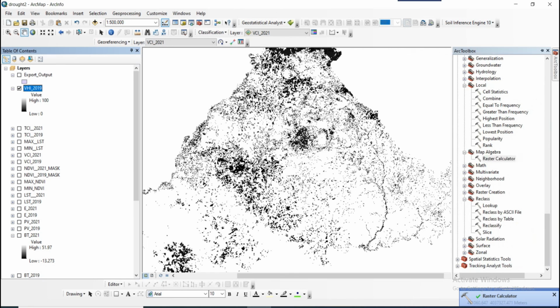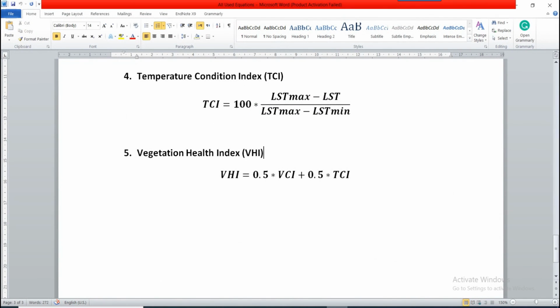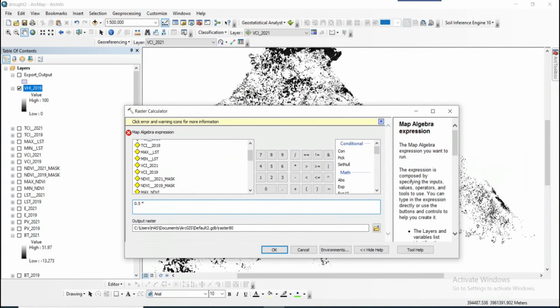And I will repeat the process for 2021. 0.5 multiplied by VCI of 2021 plus 0.5 multiplied by TCI of 2021.